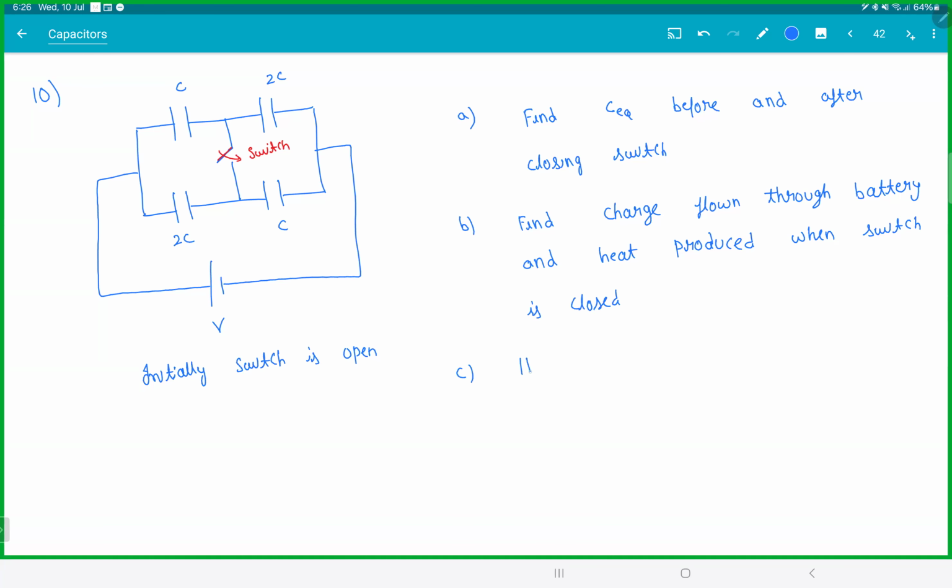Third, how much charge flows through the switch when it is closed? When you close the switch, how much charge flows through that center wire? Let's get this. Again, this is just series parallel. I didn't teach you anything big.